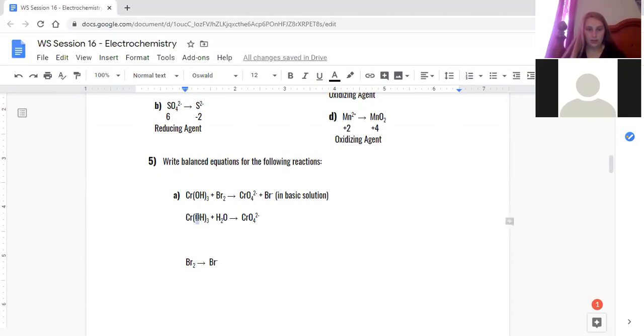So now we have 3 oxygens here and 1 here, so that's 4 on this side, and we have 4 oxygens here. So that's even now. But now we have a bunch of hydrogen on the left that we don't have on the right yet. We have 3 hydrogen here, 2 more here, so we need 5 hydrogen over on this side to even that out.